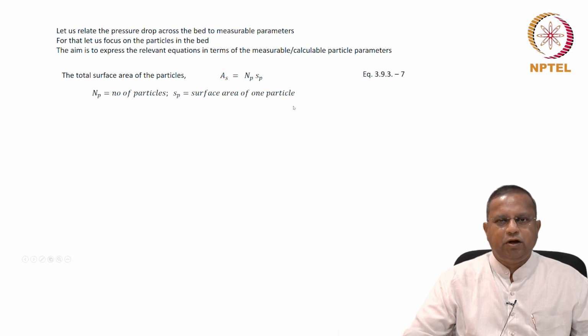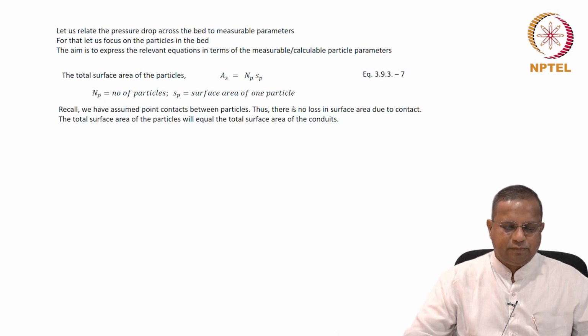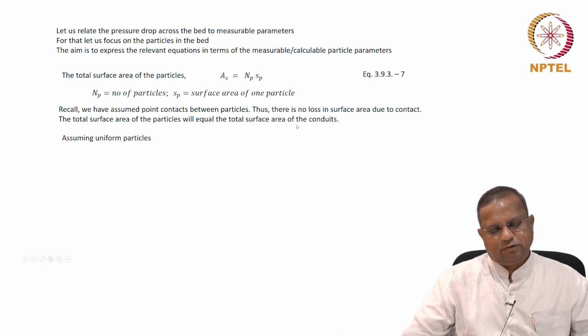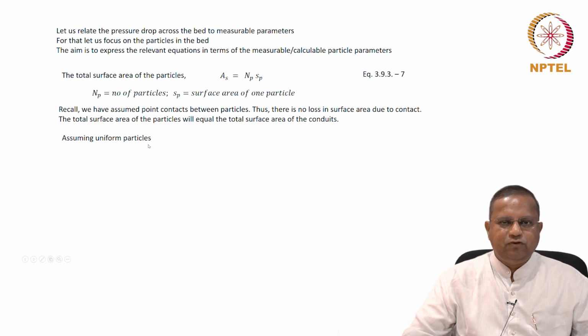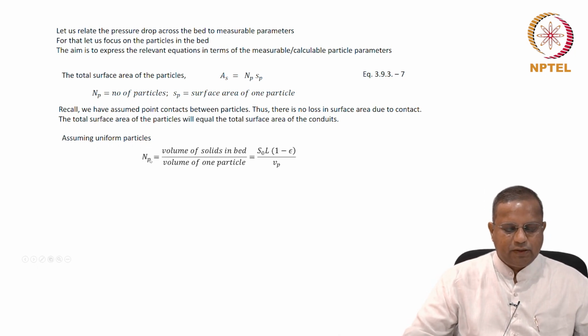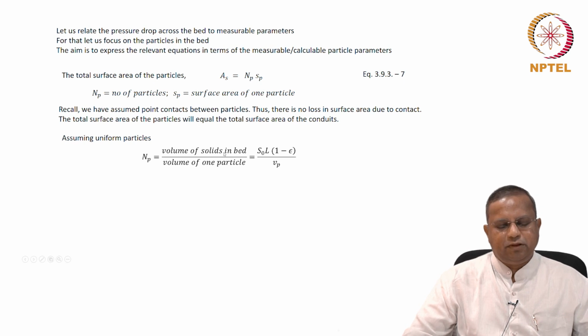And we are assuming point contact, so we are neglecting loss of surface area due to contact. Recall, we have assumed point contacts between particles. There is no loss in surface area due to contact. The total surface area of particles will equal the total surface area of the conduits. And if we assume uniform particles, then the number of particles is nothing but the volume of solids in the bed divided by the volume of a particle.